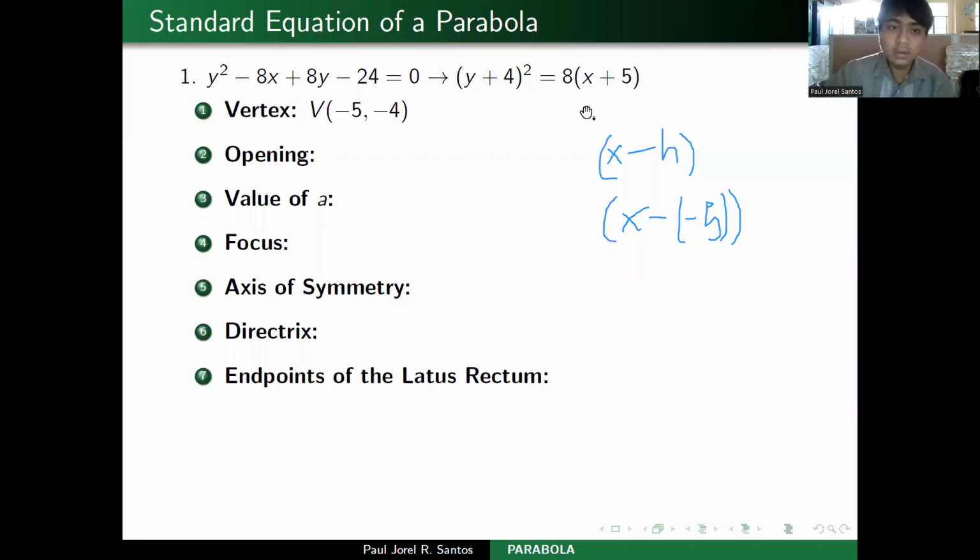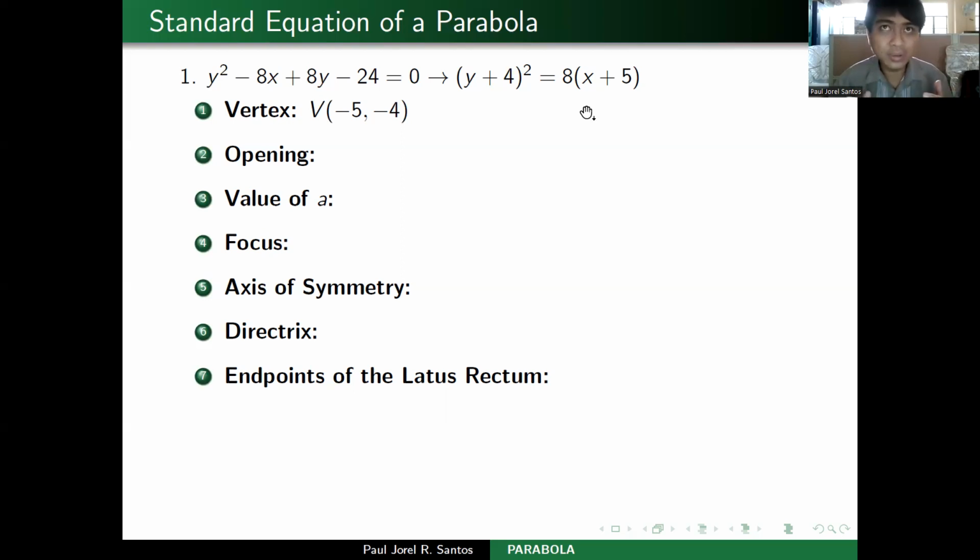Okay? Now, how about the opening? If we are going to take a look at this, the only answer that might arise from this equation is either to the left or to the right, because the y here is in the second degree. Now, since y is in the second degree, the opening of the parabola is either to the left or to the right.